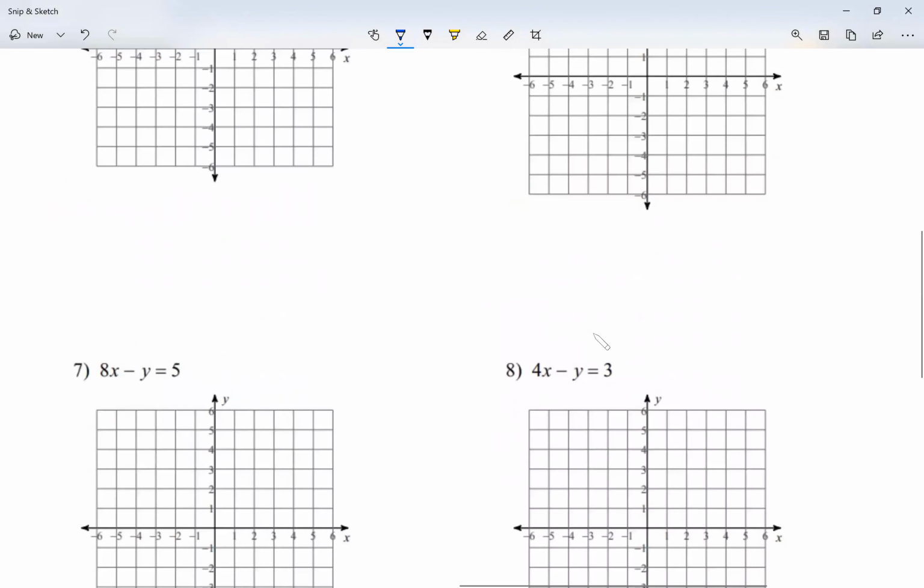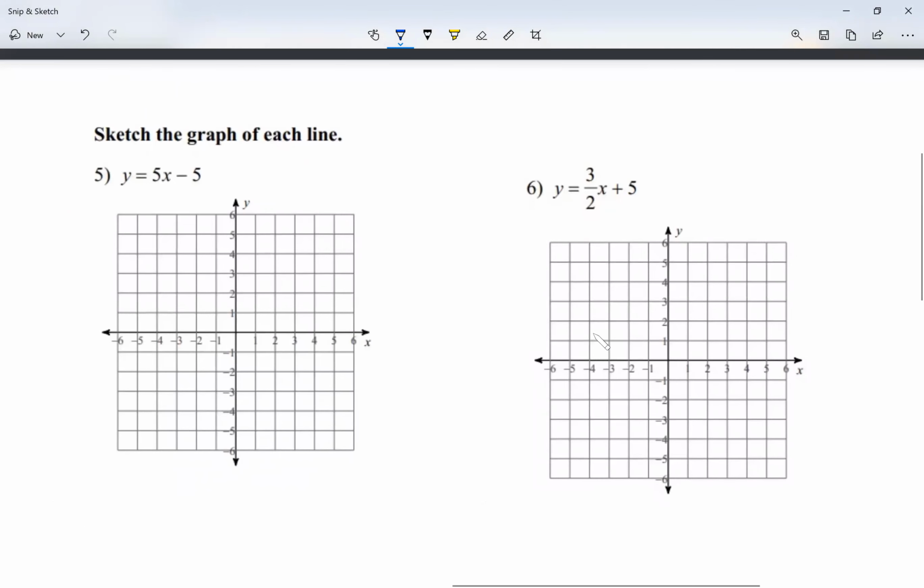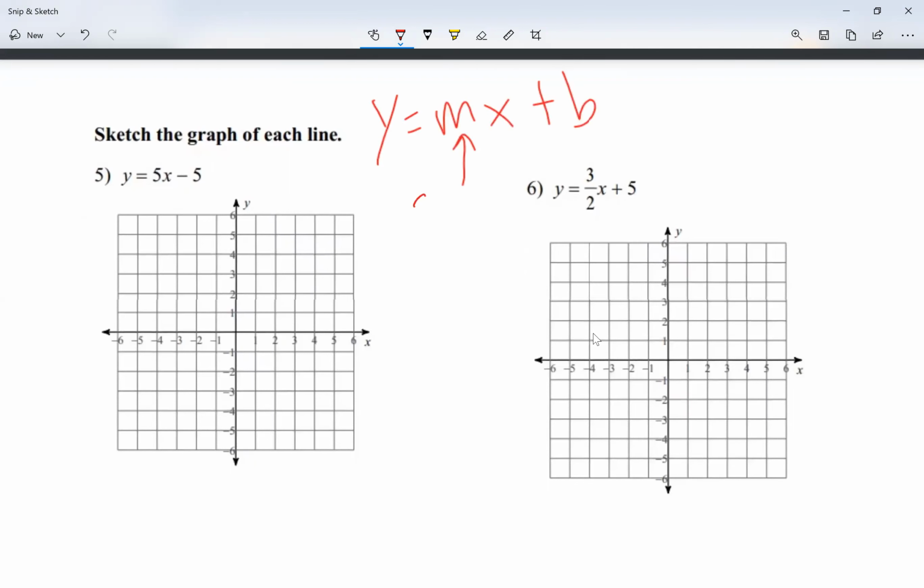So let me deal with the slope-intercept form. Now, the slope-intercept form, we usually call this y is equal to mx plus b. Now the m, the number with the x, that's gonna be our slope. It's usually a fraction. So you guys see a number in front of the x, usually a fraction.